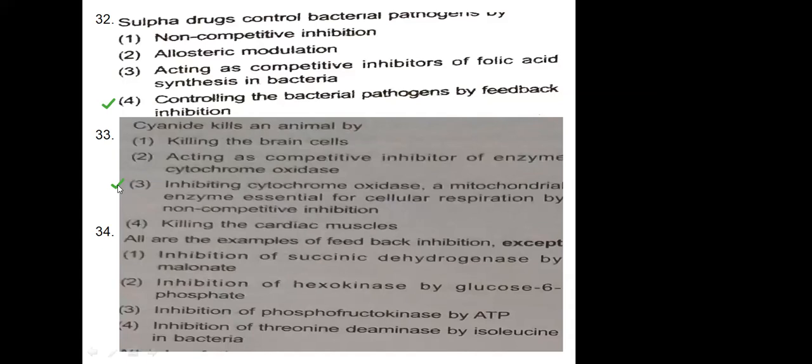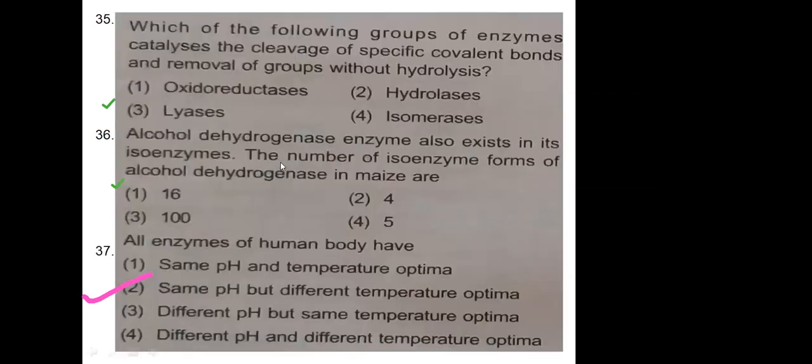All are the examples of feedback inhibition except inhibition of succinic dehydrogenase by malonate, inhibition of hexokinase by glucose 6-phosphate, inhibition of phosphofructokinase by ATP, inhibition of threonine deaminase by isoleucine in bacteria. Feedback inhibition is not inhibition of hexokinase by glucose 6-phosphate.